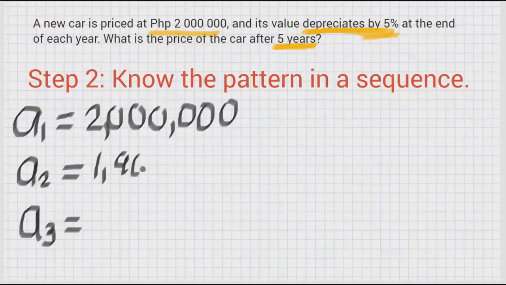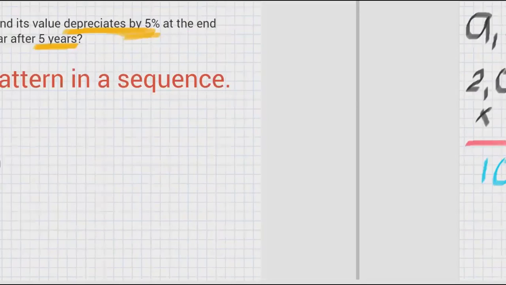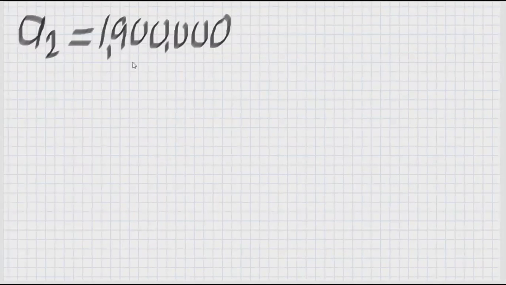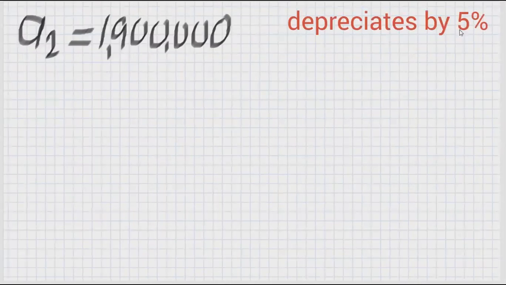So again, the 2 million is the price of the car, and its value depreciates by 5% at the end of each year. So on the next year, it becomes 1,900,000. Now from 1,900,000, the next year again it depreciates by 5%.